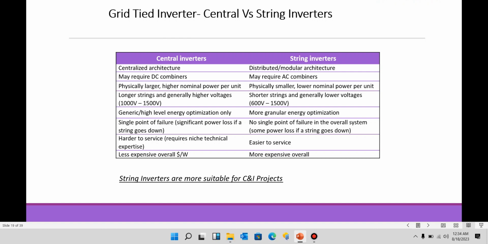The central inverter needs technical expertise for service and O&M, whereas the string inverter is easier to service. The central inverter is less expensive overall in USD per watt, whereas the string inverter is higher in cost. But string inverters are most suitable for commercial and industrial scale projects due to their working and O&M considerations.